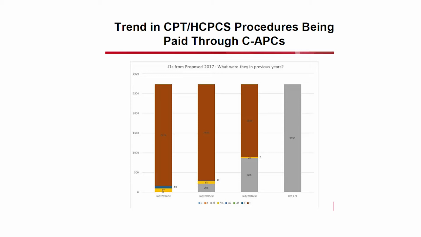So looking over a 4-year period, you can really see in gray the shift. So in 2017, of these 2,736 services that were packaged, in 2014, almost all of them were paid separately. And we continue to see more and more of these each year with Medicare.